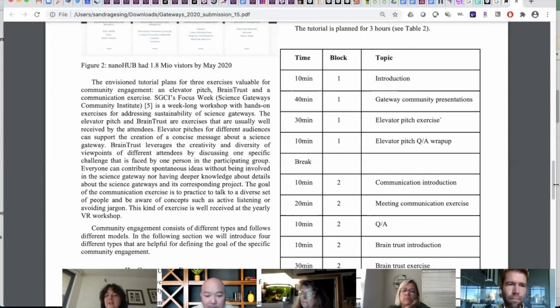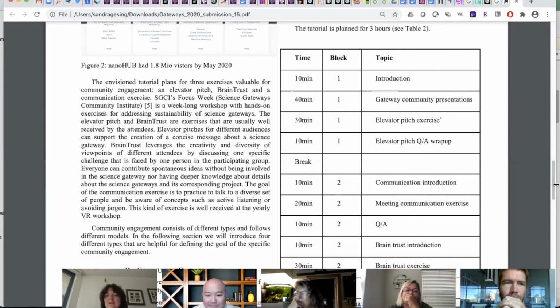Then 40 minutes of gateway community presentations. The idea was here to invite people from the gateway conference and community. For example, I thought about the Galaxy team. I think a lot of you also heard about the Galaxy team. They have a really great community outreach. One of the ideas was also to invite one of you guys to give a 10-minute talk.